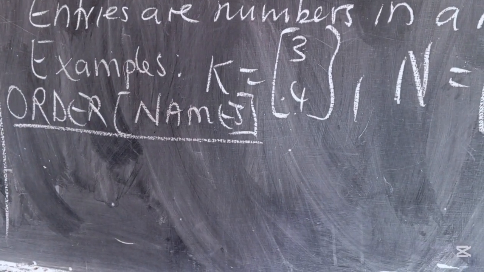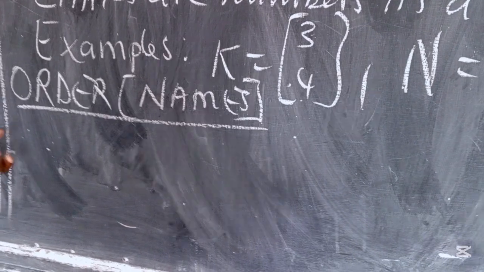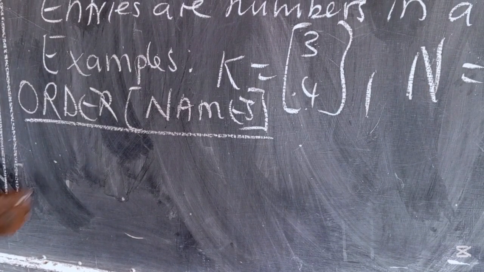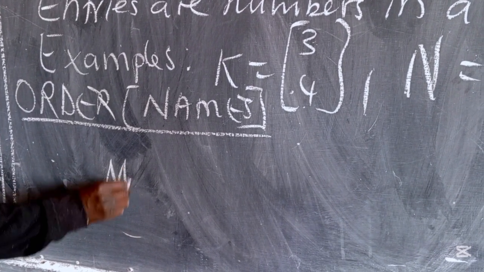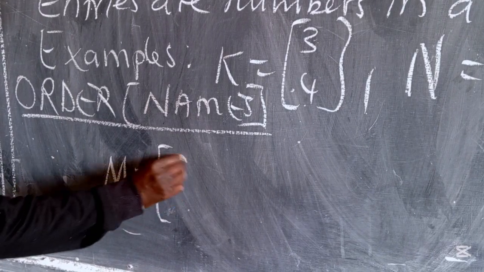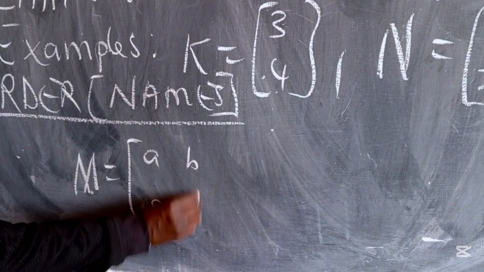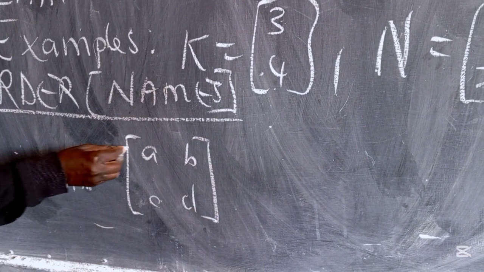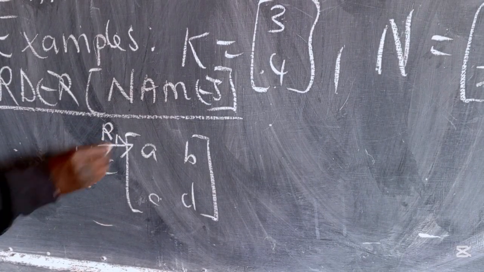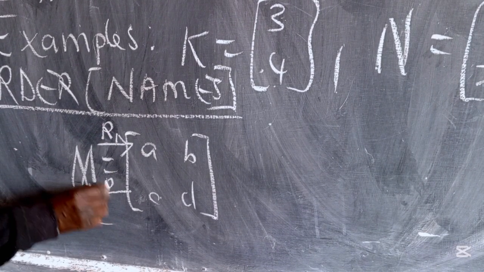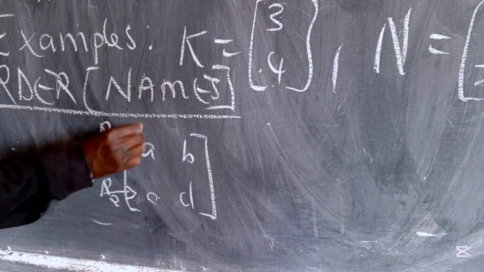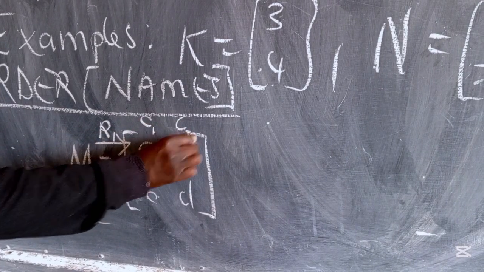Allow me the general formula. If this is my matrix, it has got A, B, C, and D. These are what we call rows: row 1, row 2, and this is column 1, column 2.